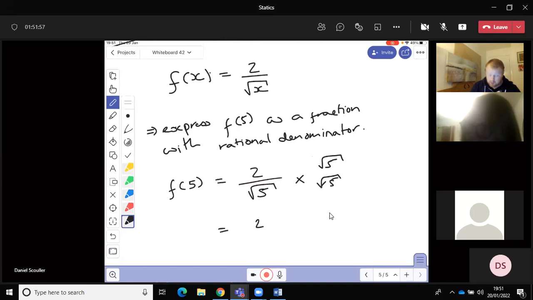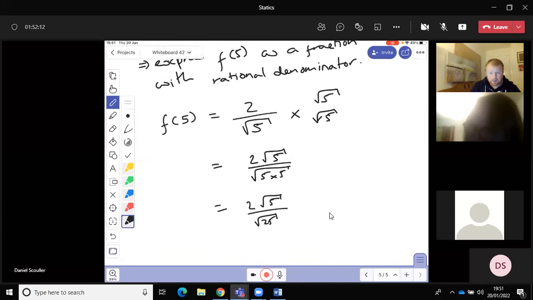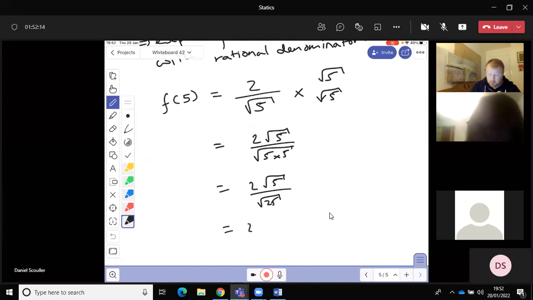Okay, so the top line becomes 2 root 5. The bottom line becomes root 5 times root 5, or root 25. Okay, and that root 25 simplifies down to 5.